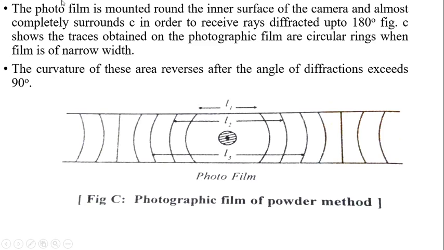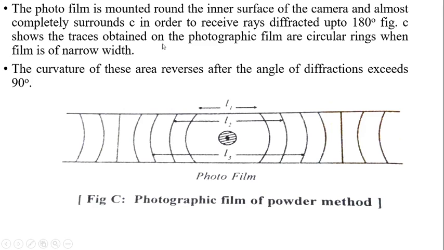The photographic film is mounted round the inner surface of the camera and almost completely surrounds C in order to receive rays diffracted up to 180 degrees, as shown in figure C. That is the photographic film of the powder method.